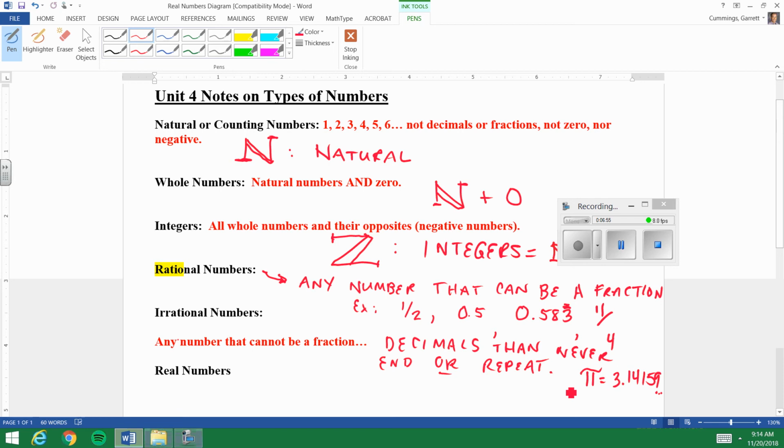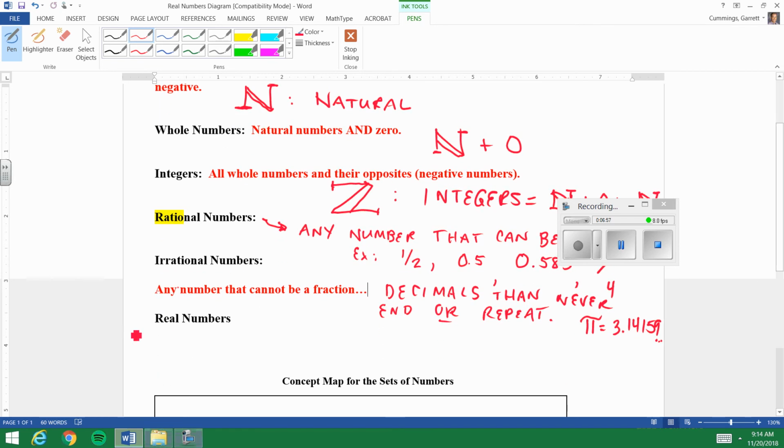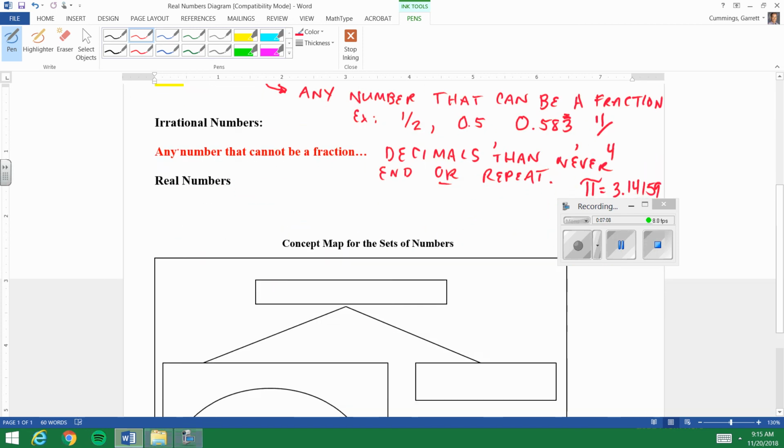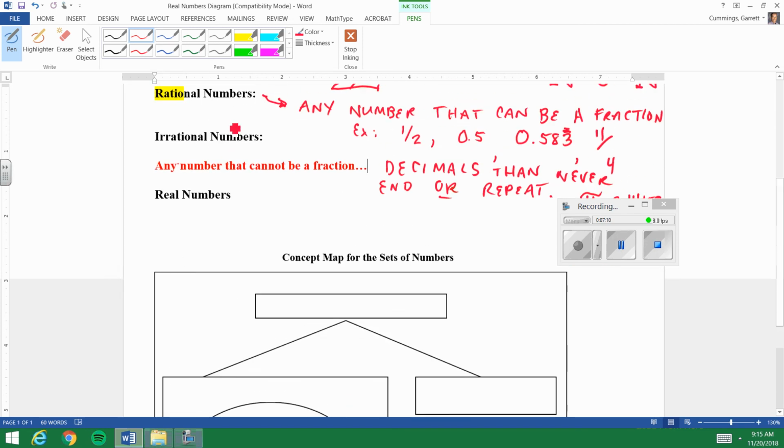Okay? And the real numbers, all real numbers, include all of these: irrational numbers, rational numbers, whole numbers, integers, any number that can actually be written as a decimal in any way, shape, or form.